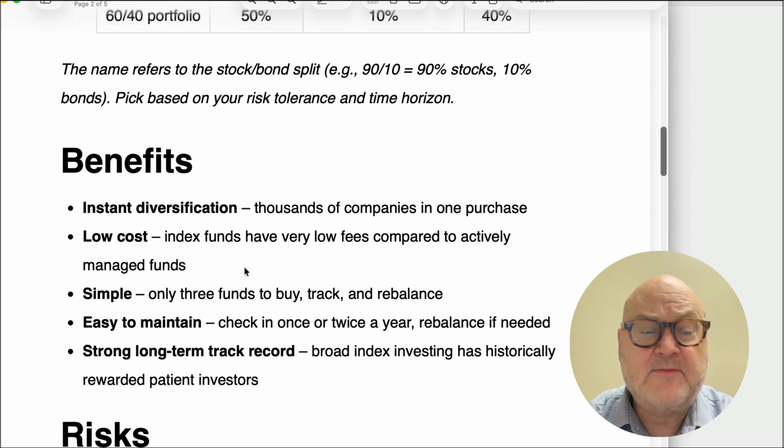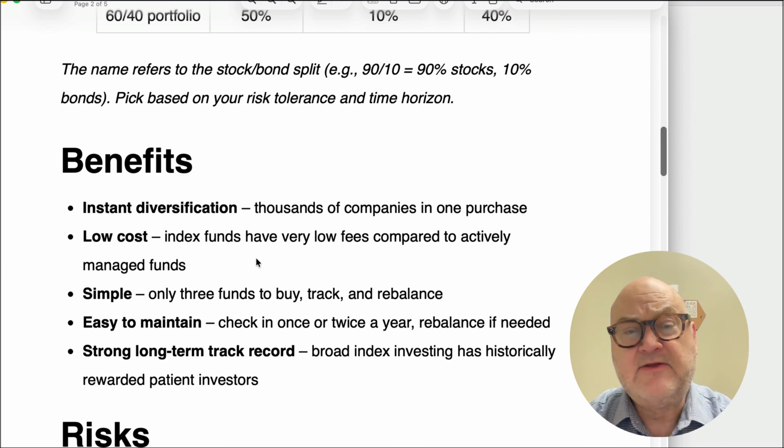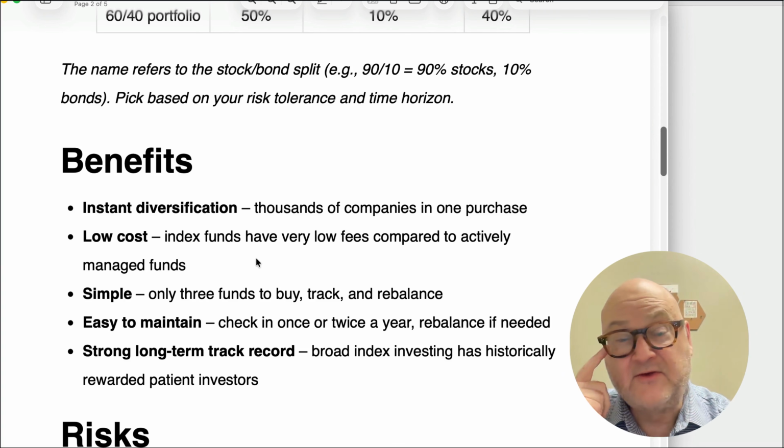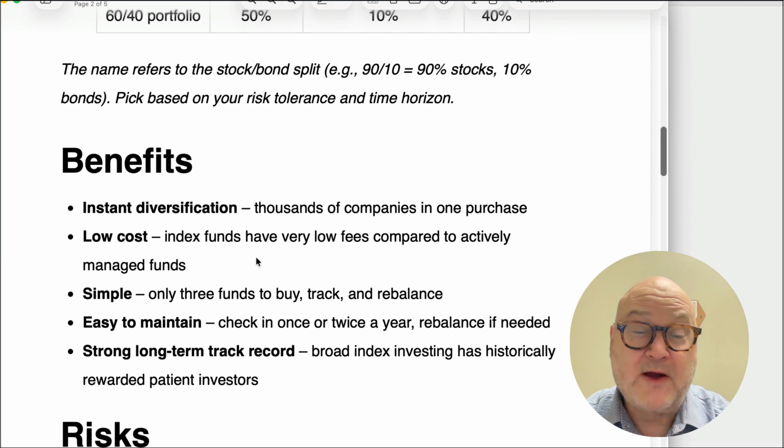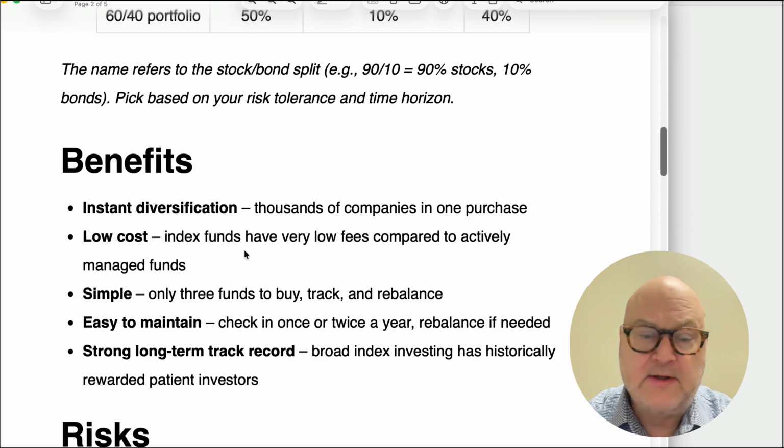Now let's talk about the basic benefits of the 3-fund portfolio. You get instant diversification because you're buying low-cost index funds that own everything. So instant diversification, and you've got thousands of companies. You're not worried about owning just one company, like Tesla, or Apple, or Walmart, or Sears.